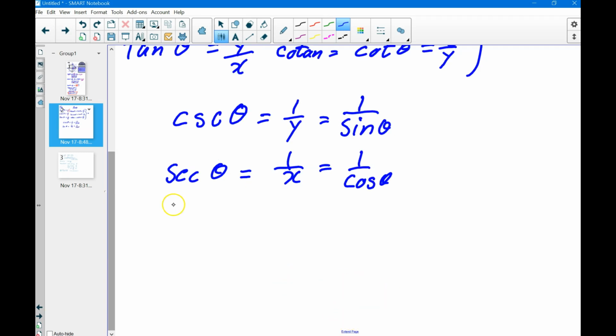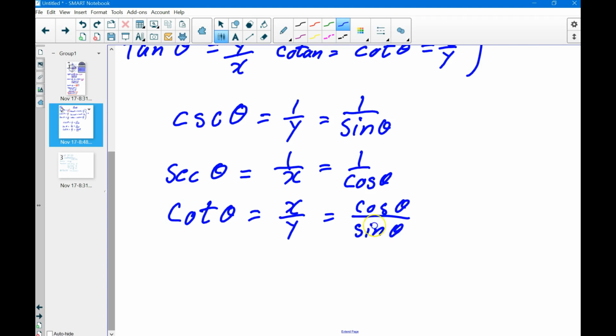And now that we have cotan theta, which tan is normally y over x, this is going to be x over y, which is going to be cosine over sine theta.